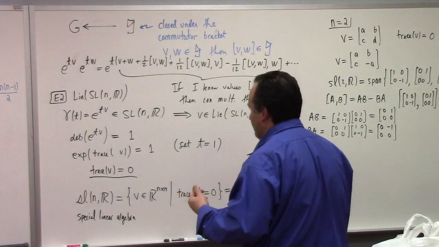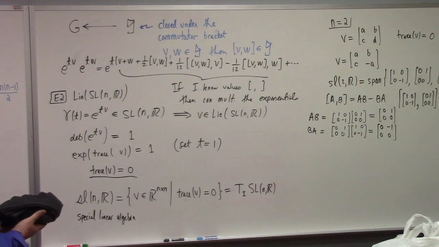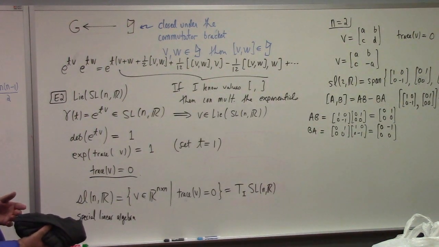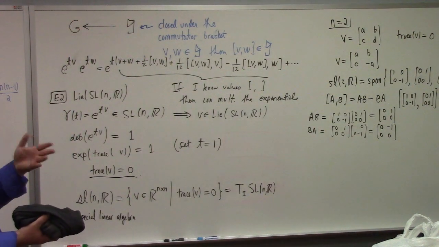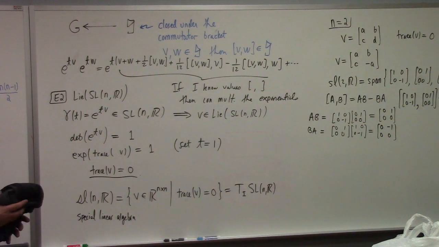We could do more, but I think I'll just leave it at that for the explicit calculation here. Is that okay?